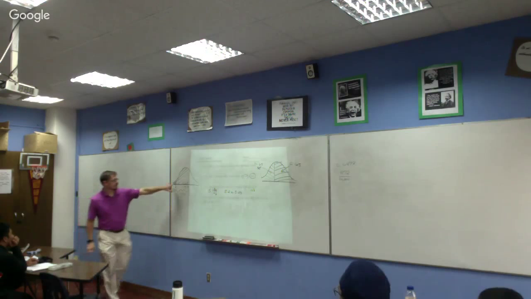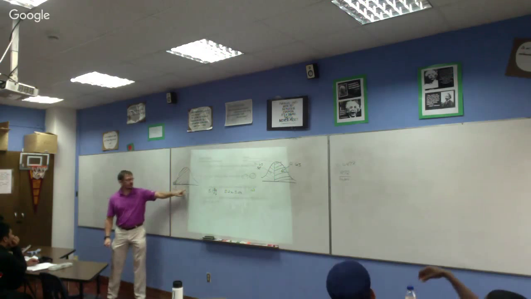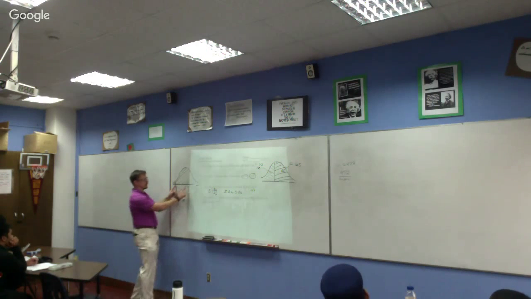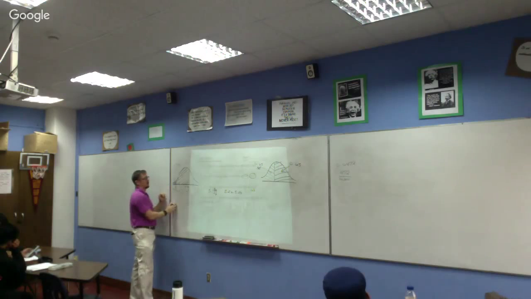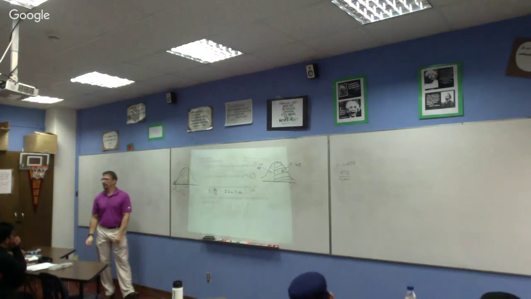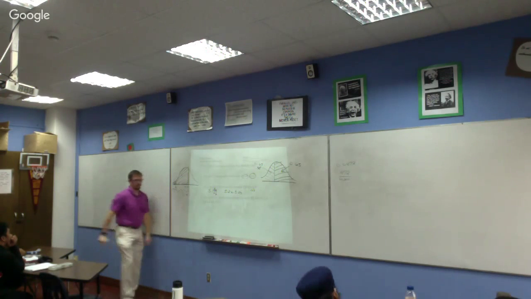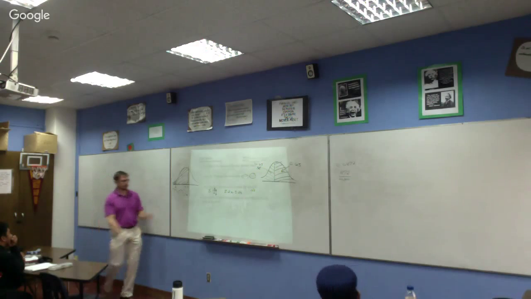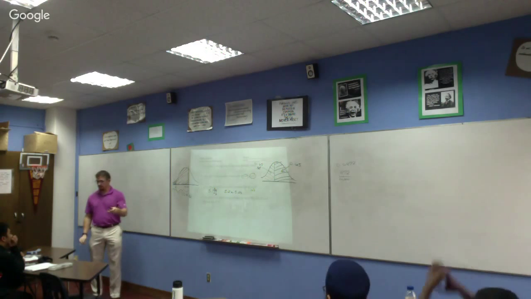I would add these two areas, because my calculator calculates this whole area to find E. But the area I've been given, this part, is only 0.72. This part is 0.1. I want the whole area to the left of E. How much area is to the left of E? 0.1 plus 0.72 is 0.82. So that's the area that I put in for E.